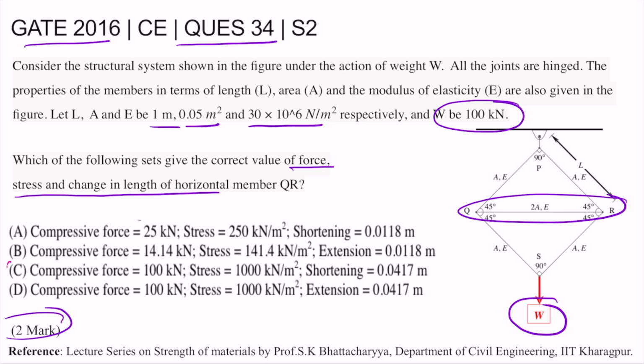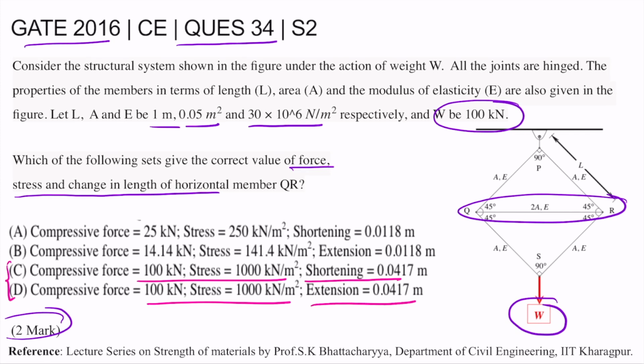So 100 kilonewton is given in both option number C and option D. In order to confirm the option, we need to solve it further. If we notice, in both option C and D, the force and stress are the same. The only thing is this shortening and extension part is different.